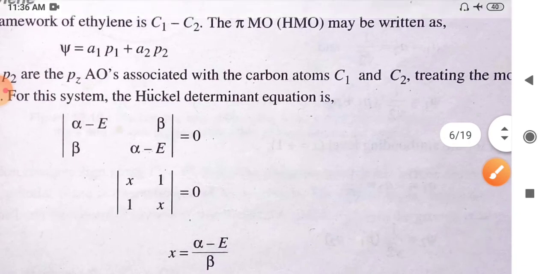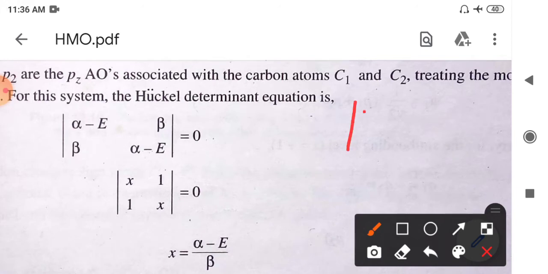The matrix we have obtained for the ethylene molecule is [x 1; 1 x].